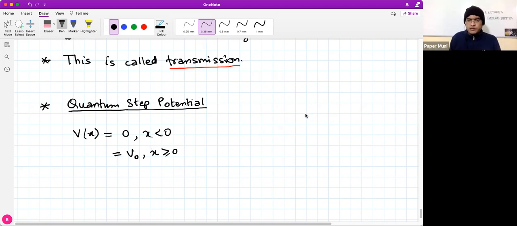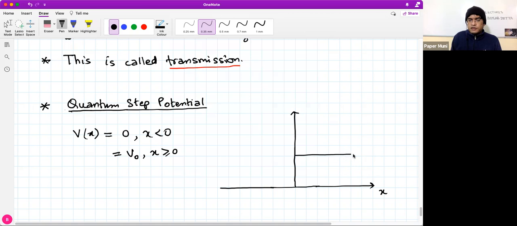So let's draw a diagram. This is the graphical representation of a 1D potential. This is x. The particle moves along the x-axis, it's not anywhere else. This is V(x). So the potential is this.